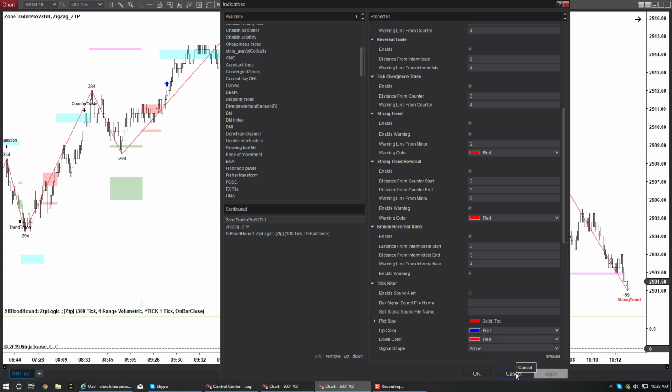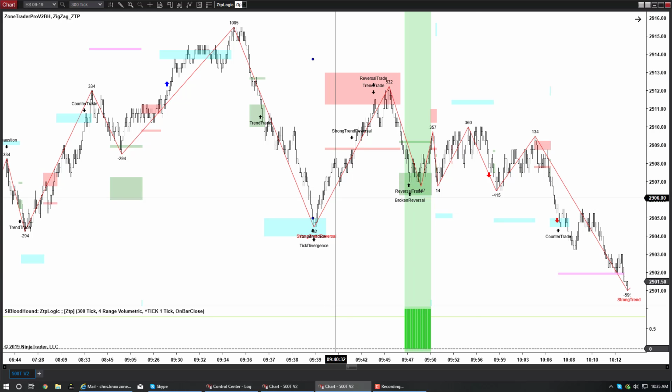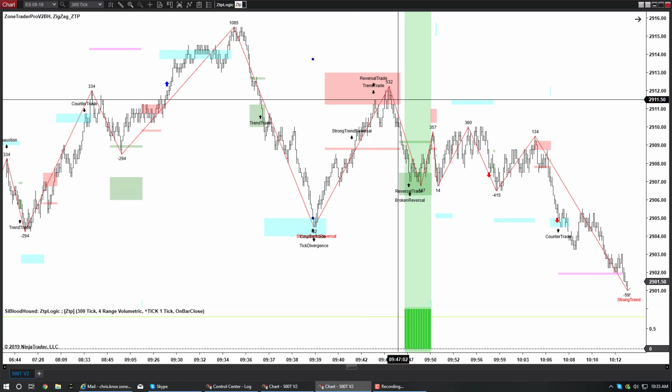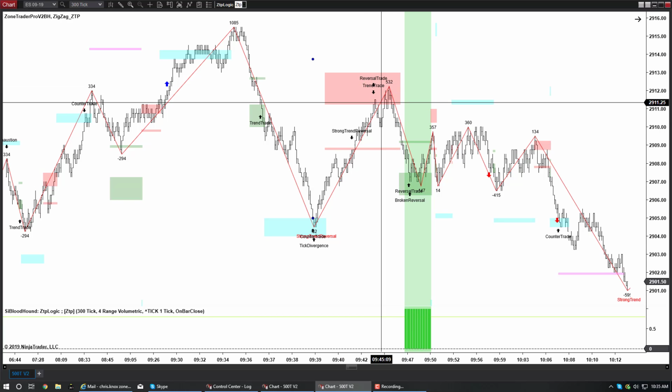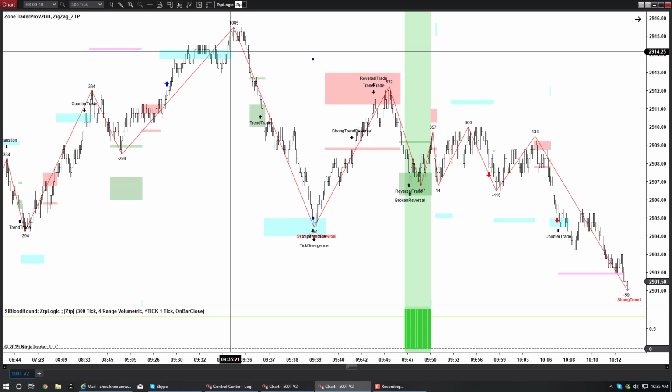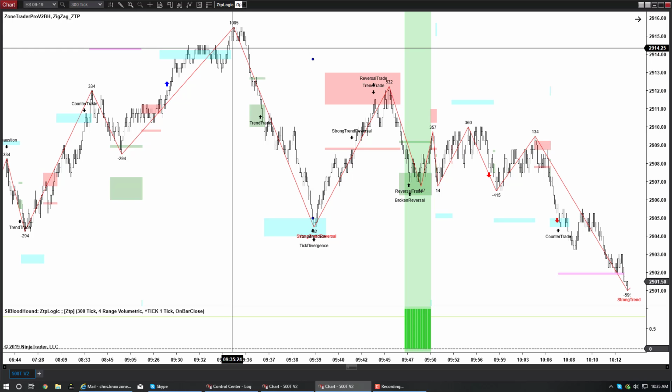So what distance from intermediate start is saying is that how close did we come to this zone right here? And in a broken reversal, what we have is some kind of strong trend. And in this case, we have a strong trend reversal.